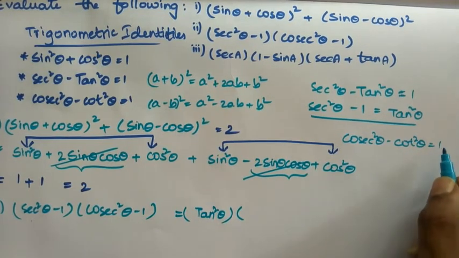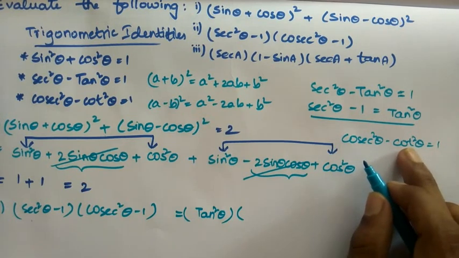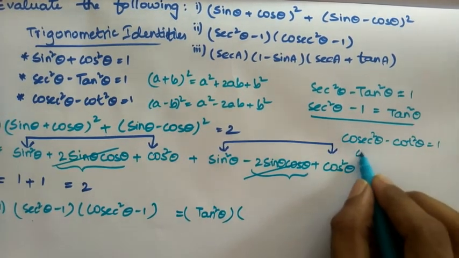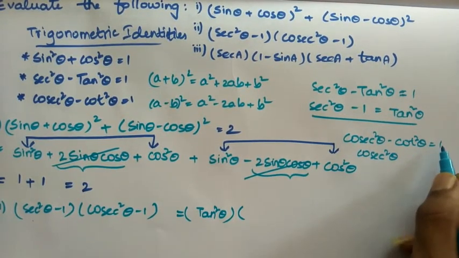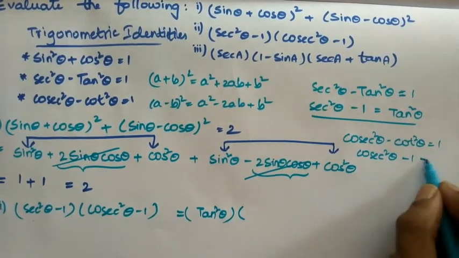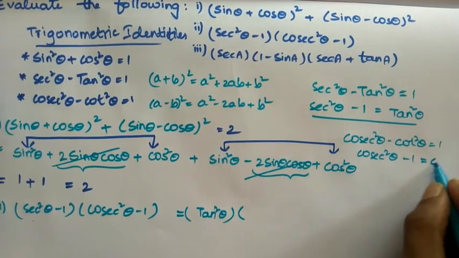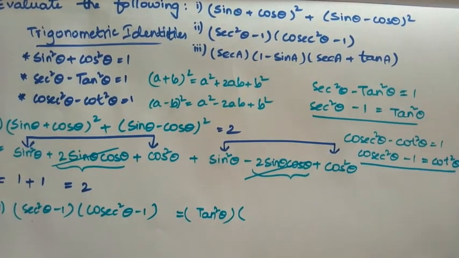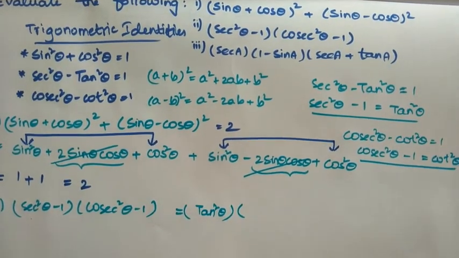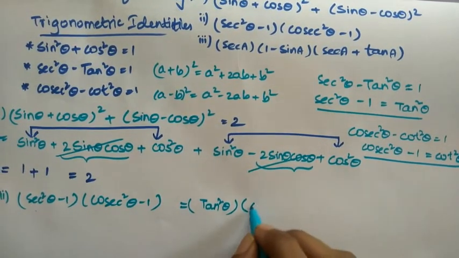So I will bring this 1 to the left hand side, where it becomes minus 1, and send minus cot square theta to the right hand side, where it becomes plus cot square theta. So cosecant square theta minus 1 is equal to cot square theta, and we can place cot square theta in its place.